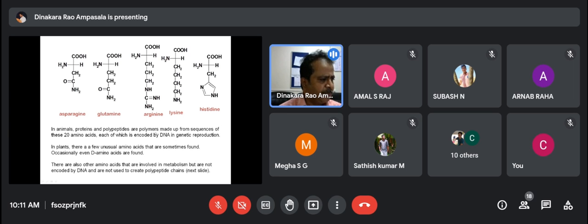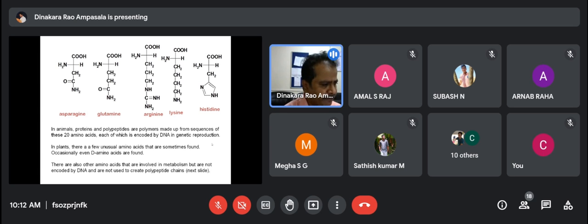In animals, proteins and polypeptides are polymer sequences of these 20 amino acids. So you can see the composition of one protein structure: these 20 amino acids at different positions, with differences in their number and composition, in any given protein structure.